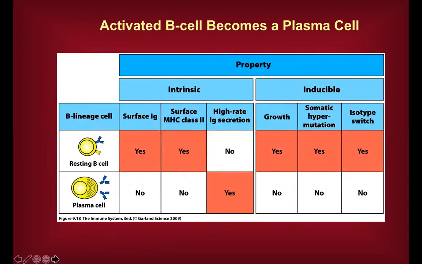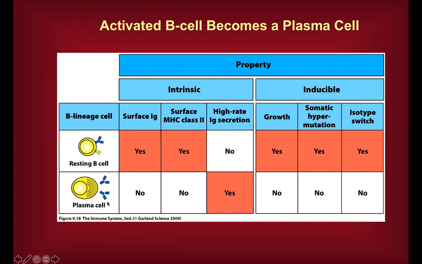So this shows you a little bit more about the plasma cell. Your resting B cell has surface Igs. It has surface MHC. It does not produce antibodies. It can switch isotypes, and it has inducible growth and proliferation.